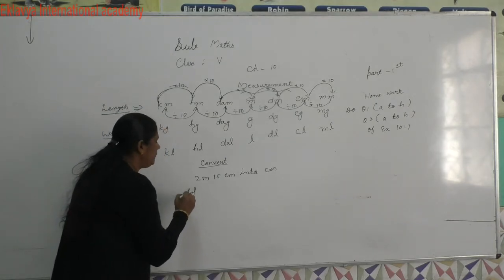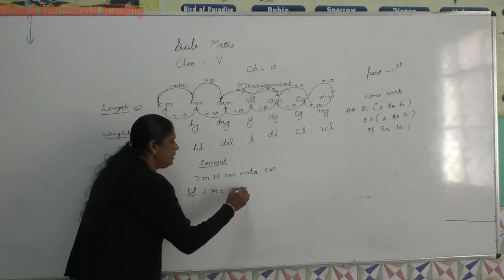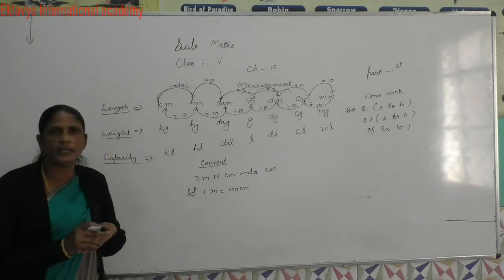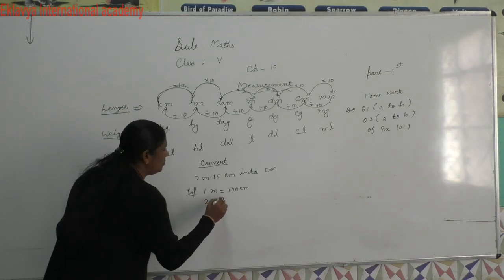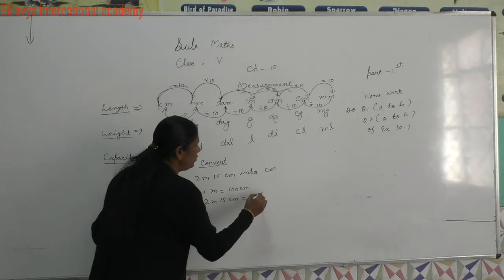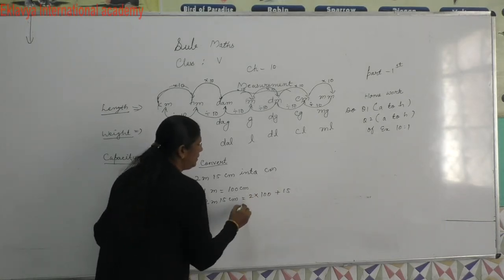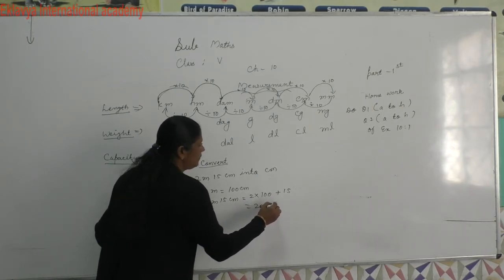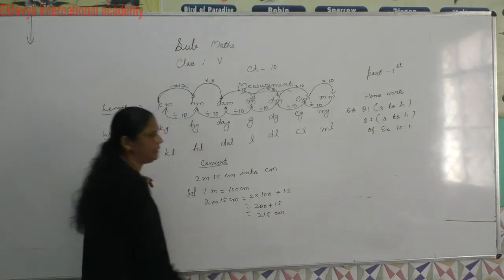Solution: 1 meter is equal to 100 centimeter. We have 2 meter 15 centimeter, which is 2 into 100 plus 15, that is 200 plus 15, equal to 215 centimeter.